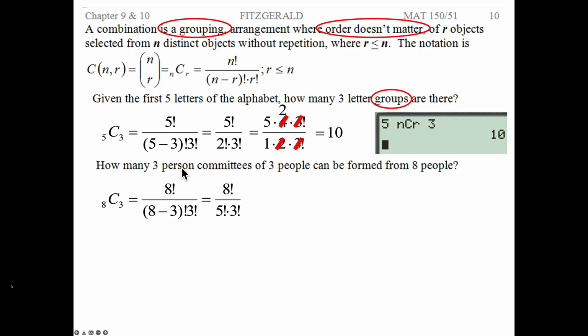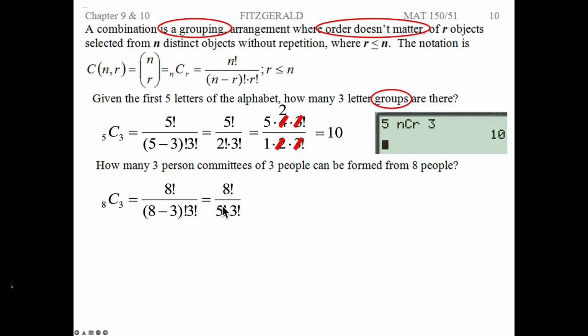Next, how many 3-person committees, kind of redundant, can be formed from 8 people? So 8 is your n, so 8 factorial over (8 minus 3), which is going to be 5 factorial, times the extra r factorial, which removes the arrangements and considers it as one group.